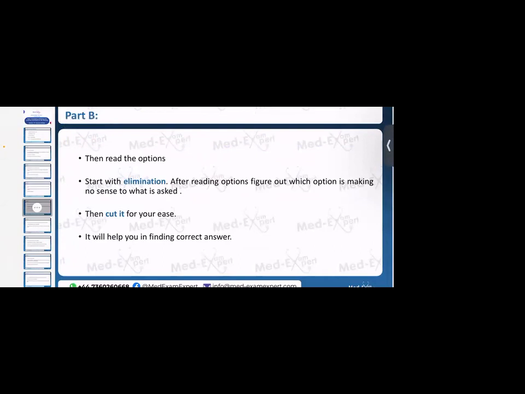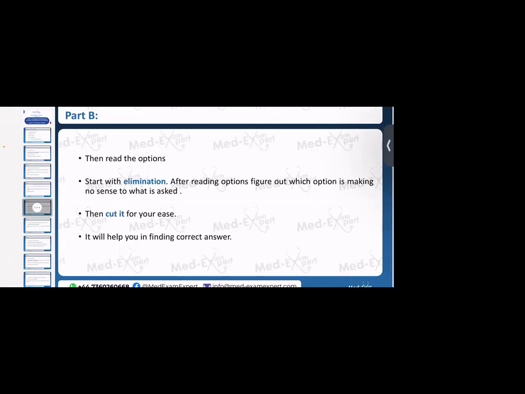Then read the options. Start with elimination. Elimination helps you a lot in OET reading B and C, because when you start to eliminate the options, you will directly reach the answer. After reading the passage, with the help of skimming and scanning, if you think that answer C is not correct, please put a cross after that.